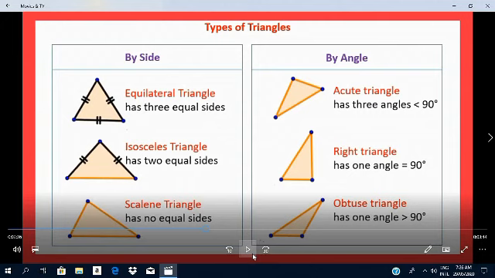For example, 138 degrees is greater than 90 but less than 180. Therefore, 138 degrees is an obtuse angle. So when you see such an angle in a triangle, that triangle is called an obtuse triangle.